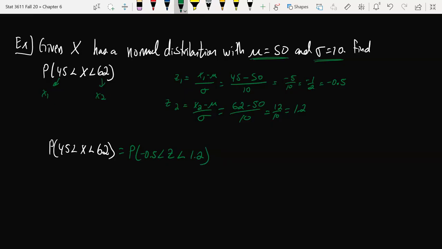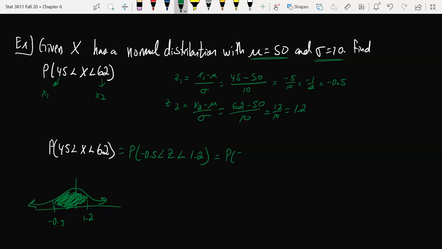Now we just have to answer this standard normal random variable question: what is the area between negative 0.5 and 1.2? At this stage, we should be pretty comfortable working with the standard normal table. Here's 1.2. Here's negative 0.5. I'm going to compute all of the area to the left of 1.2 and subtract off the area that I don't want, to be left with just this area.